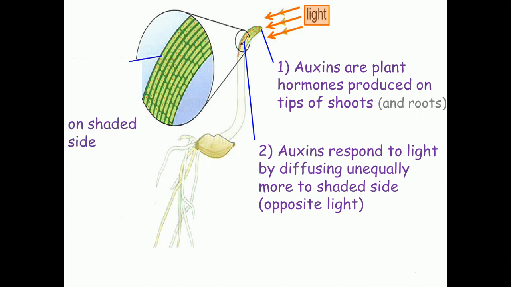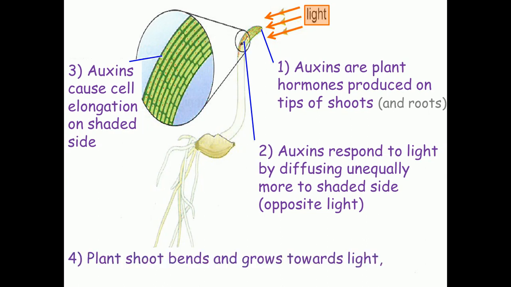Those cells elongate more, so that side of the shoot elongates more, causing the shoot to bend and grow towards the light, and this means the plant can do more photosynthesis. So here's an example of how plants respond to light. They're not moving, instead they are growing towards a direction that helps them to do more photosynthesis.